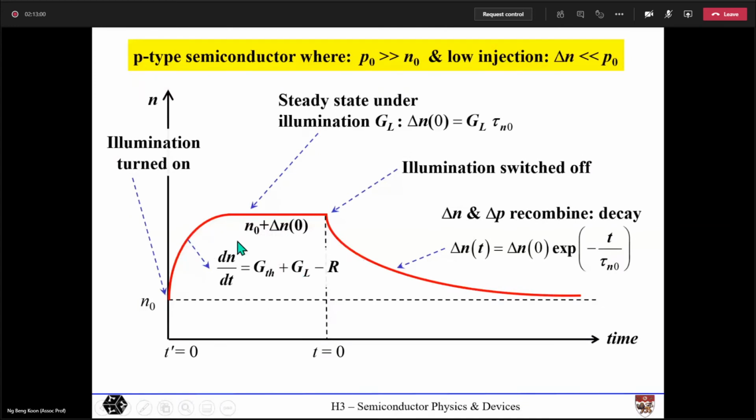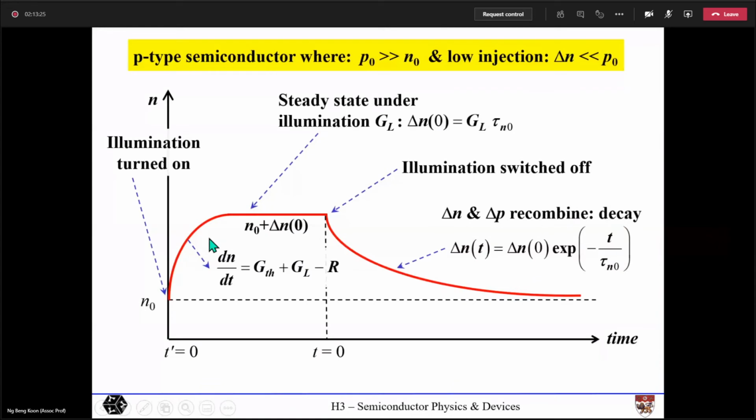But bear in mind that if you have a net increase in the carriers, R will not stay the same, because R depends on N and P. So if one of the concentrations increases or both increase, then R will also increase, and you actually try to cancel out this increase in the combined generation rate.